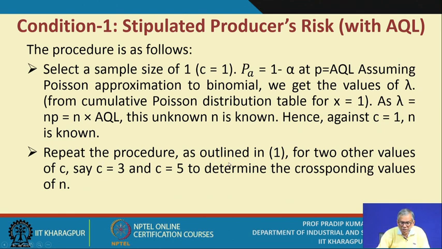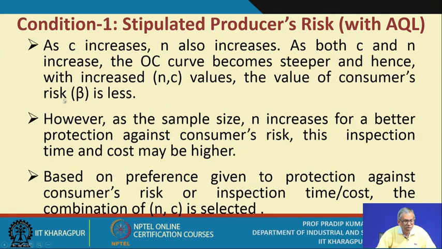Repeat the procedure as outlined in 1 for two other values of C, say C equals 3 and C equals 5, to determine the corresponding values of n. Is it okay? Right? So, as C increases, n also increases.